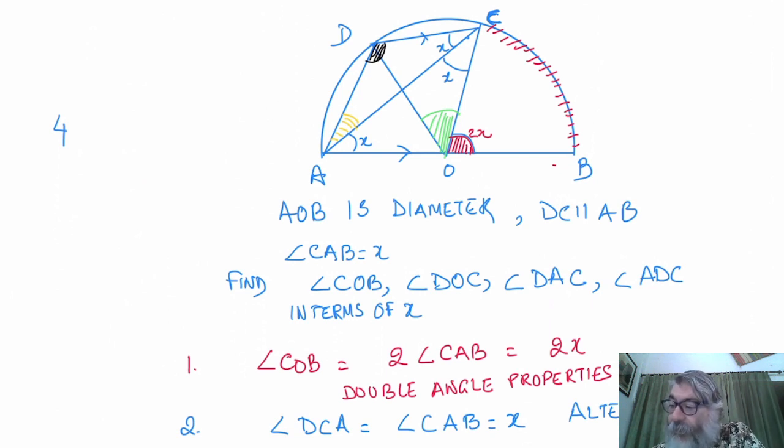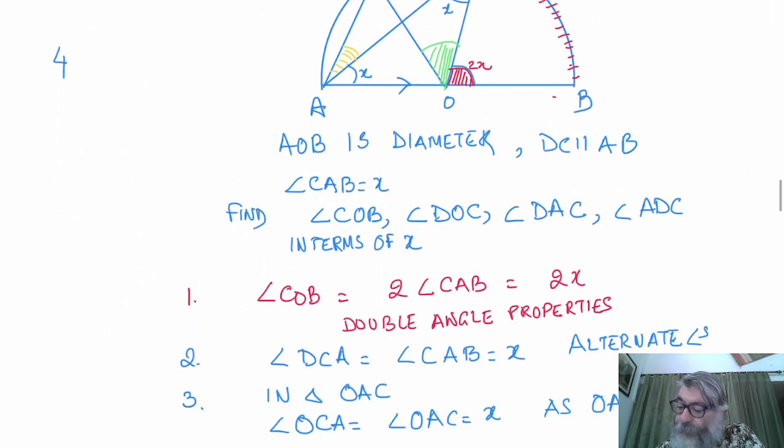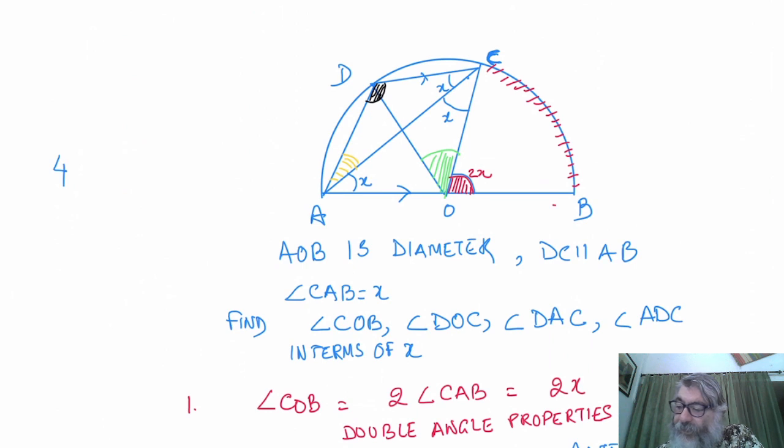Now in triangle ODC, let's bring the figure down. In triangle ODC, I can write angle ODC is equal to OCD. Can I do that or not? OCD is equal to ODC because OC and OD are equal.